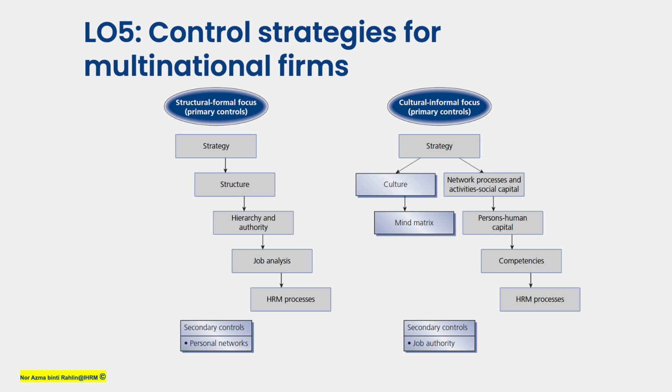Organization structure is a key formal control mechanism in multinational enterprises, or MNEs. With interdependency between units growing, formal control mechanisms become less effective.